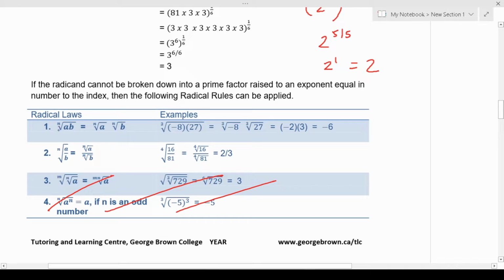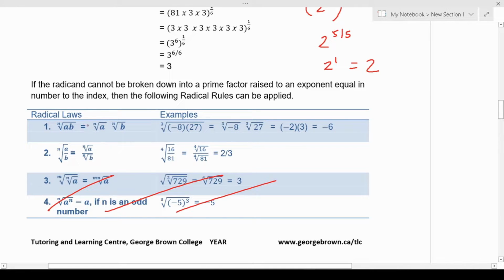This first radical law says that if you have 2 numbers multiplied by each other to the nth index, you can split them apart into 2 separate radicals. So in this example, we have -8 times 27. We're trying to find the cube root of that.